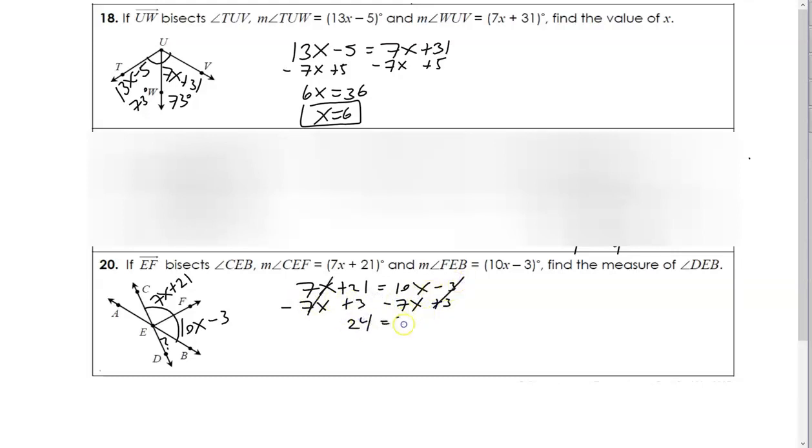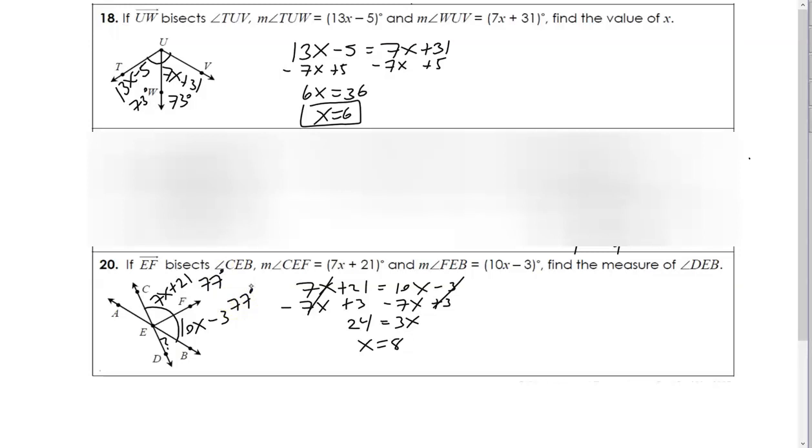That gives me 24 equals 3x, so x equals 8. So now we can plug that in. 7 times 8 is 56. 56 plus 21 is 77. And 10 times 8 is 80, and 80 minus 3 is also 77.